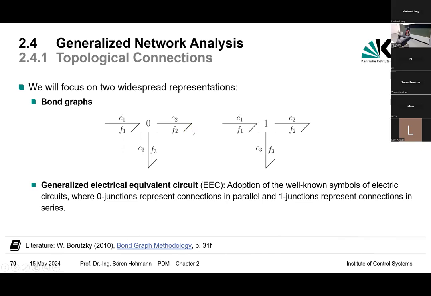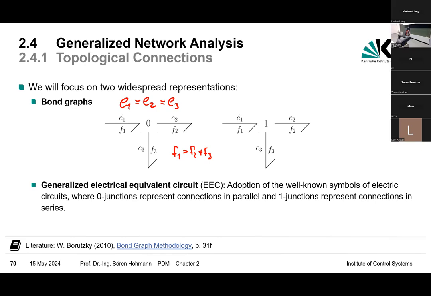F1, F3, F2, but effort is equal. So here we can say E1 is equal to E2 is equal to E3. And the zero junction means F1 is equal to F2 plus F3. So due to the sign convention, which is now encoded in the bond graph signs.